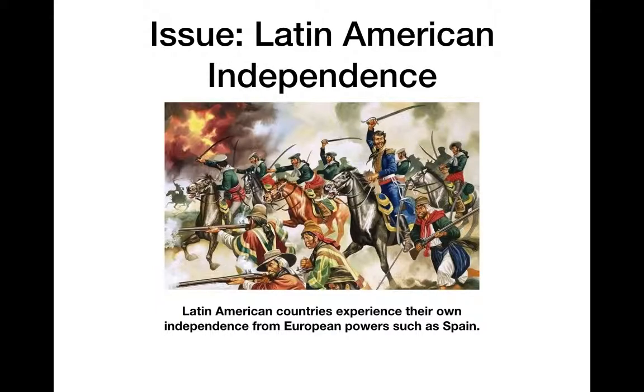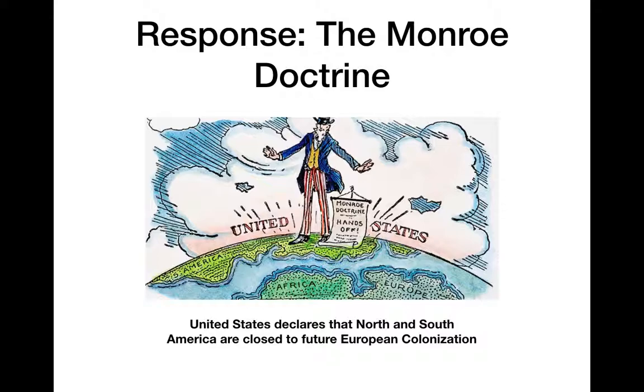So we see countries like Mexico and other countries in Central and South America gaining their independence from these European powers. The response to this is something known as the Monroe Doctrine. What James Monroe says with the Monroe Doctrine is that North and South America are closed to European colonization.